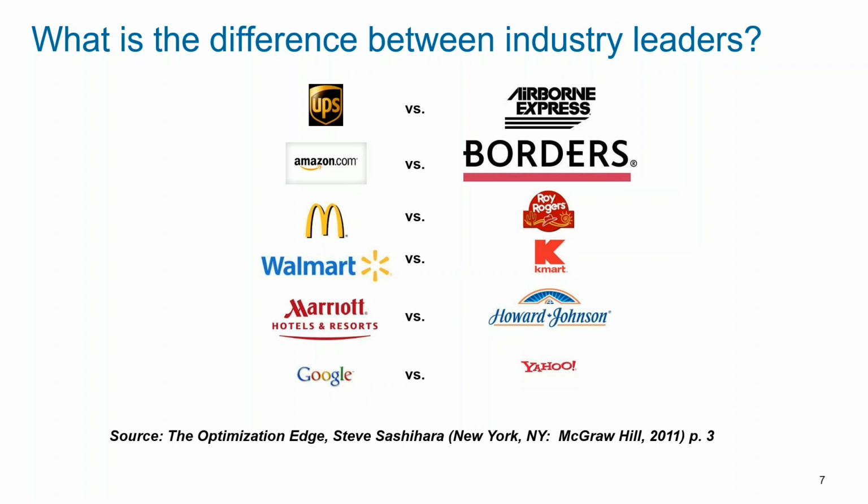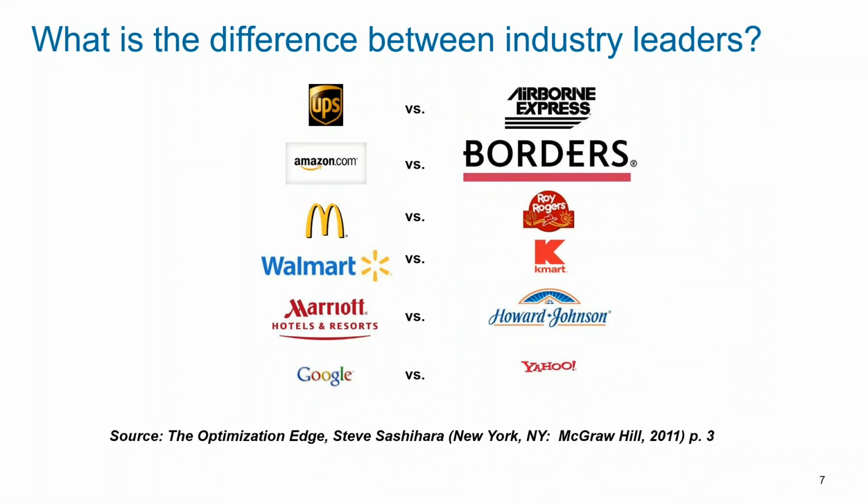Airborne Express has been really in the background. UPS, if you see the cases, UPS applies optimization in most of the strategic applications. Amazon also applies a lot of optimization. McDonald's, Walmart applies optimization in many problems.